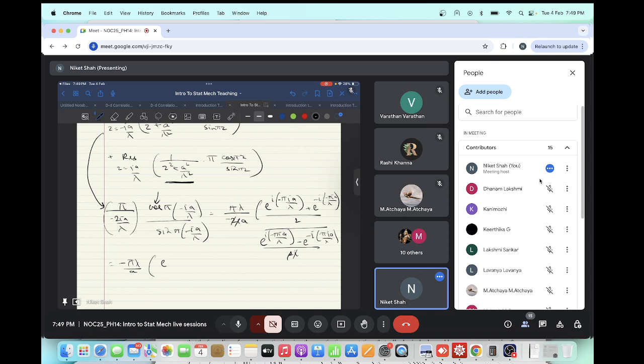e raised to power pi I becomes minus 1 plus pi a by lambda plus e raised to power minus pi a by lambda. I becomes minus pi.